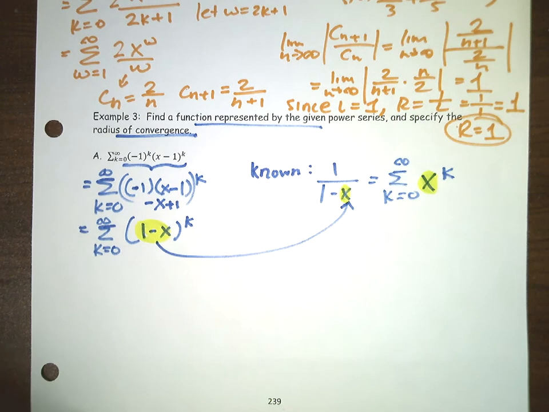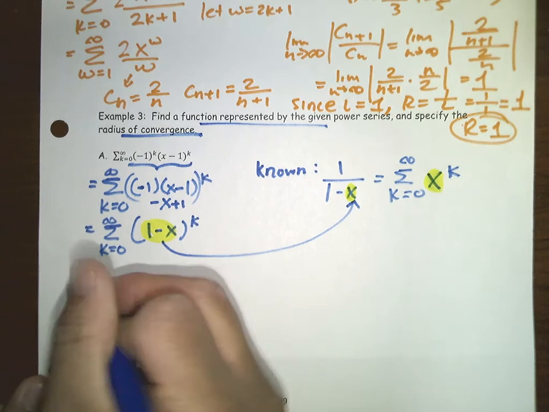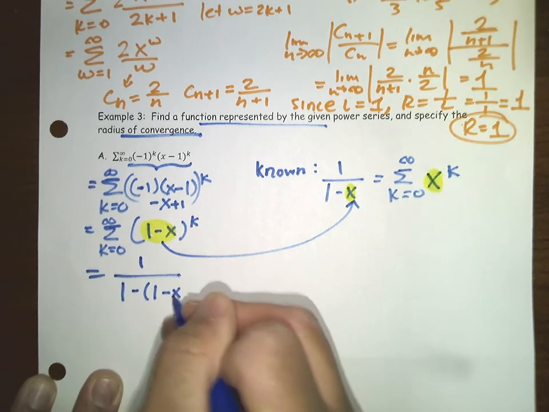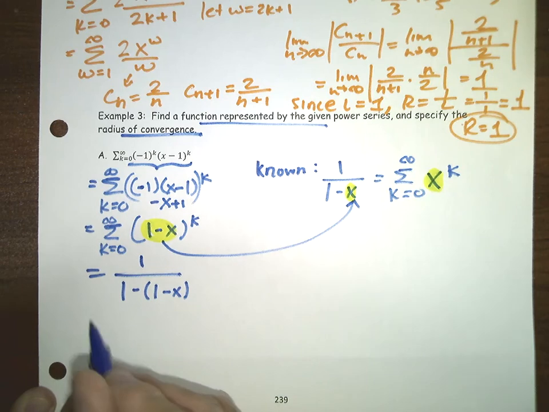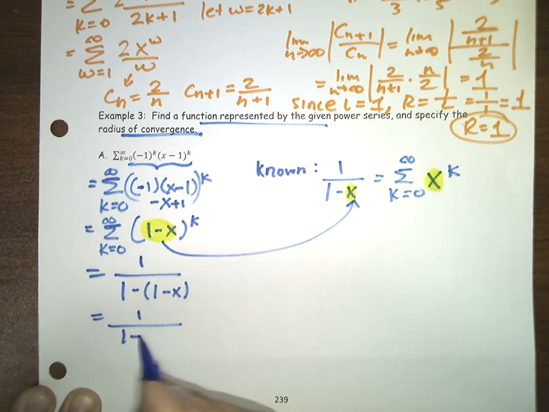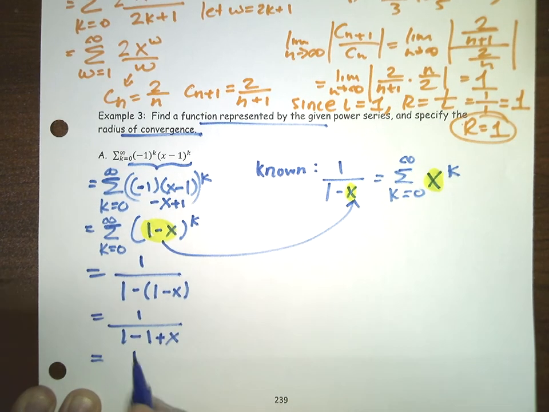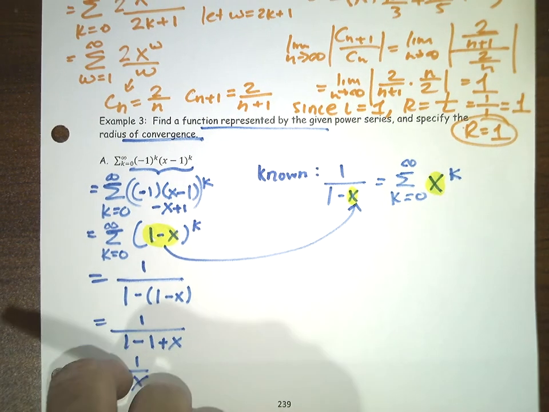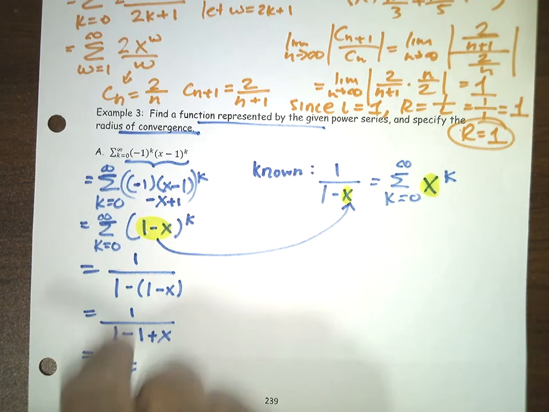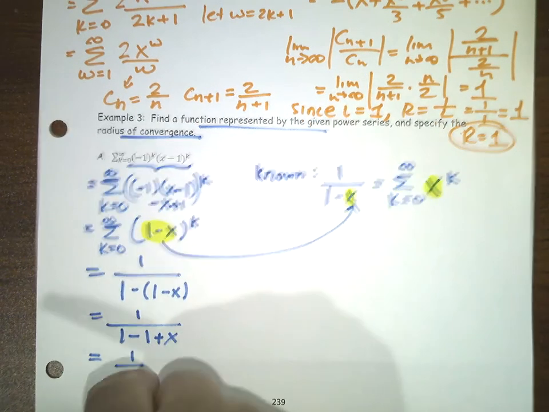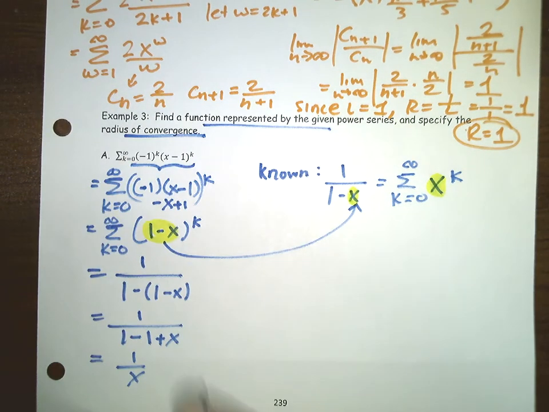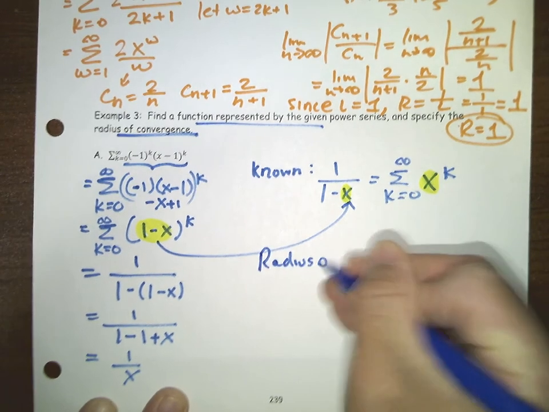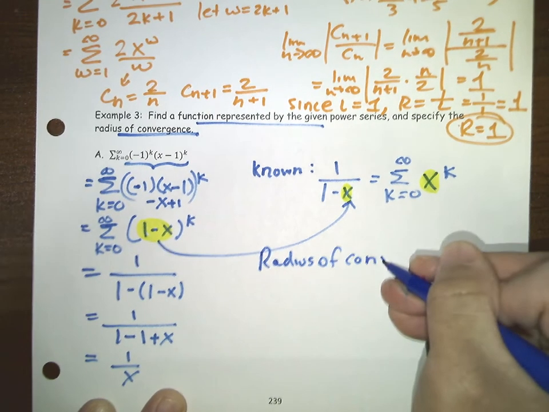So this series is 1 over 1 minus x, and that is 1 over 1 minus 1 plus x, or 1 over x. So this function is represented by that series.